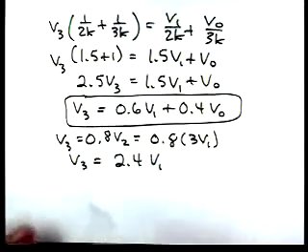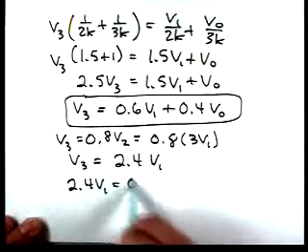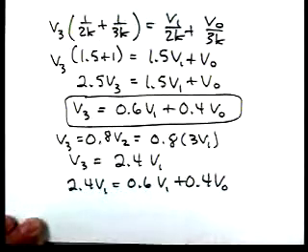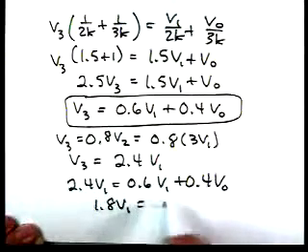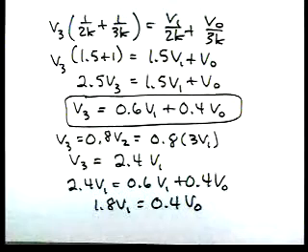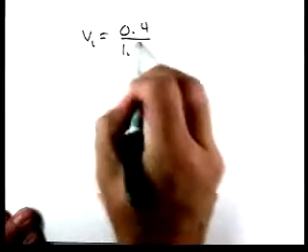So now we get 2.4 V1 equal 0.6 V1 plus 0.4 V0. And we have 1.8 V1 is equal to the 0.4 V0. And if we simplify that a little bit, we'll have V1 is equal to 0.4 over 1.8 V0.